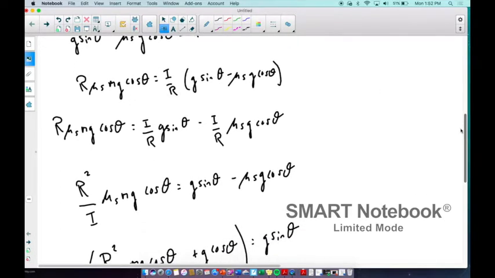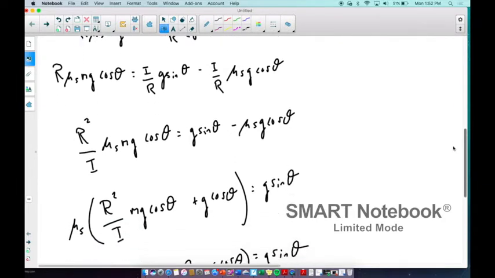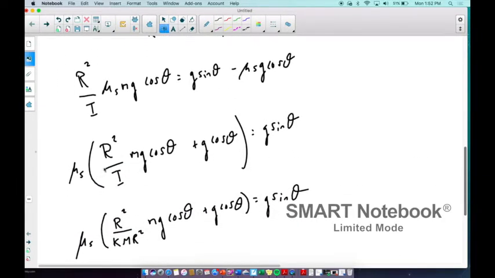So I start to collect my variables, and ultimately I get here. And then I want to talk about I. I haven't fleshed that out yet. Remember, I is rotational inertia. And remember, I is always some value of mr squared. Like for a disk, it's 1/2 mr squared. For a hoop, it's mr squared, etc., etc.